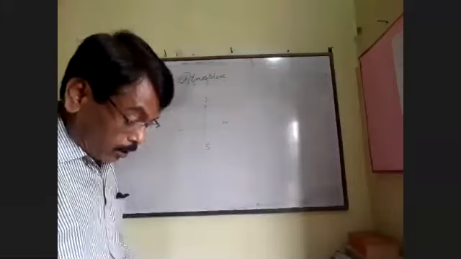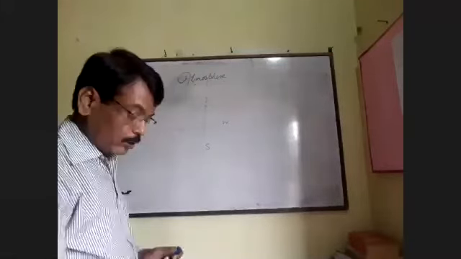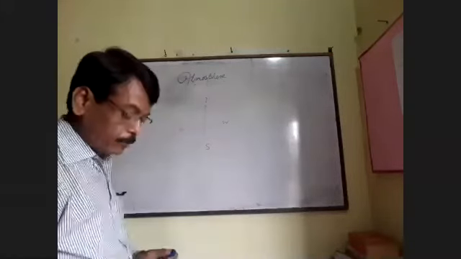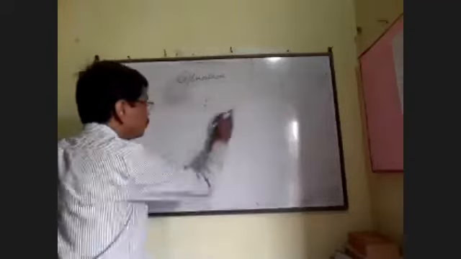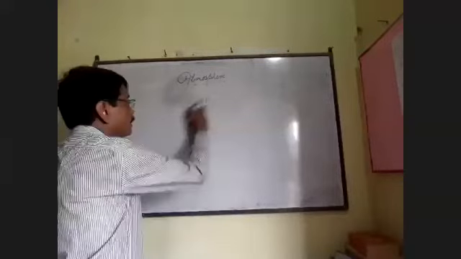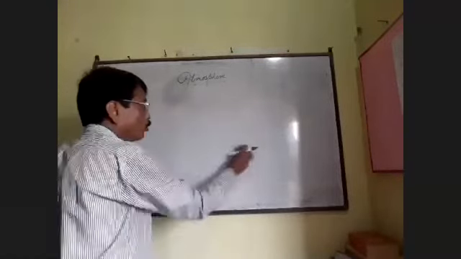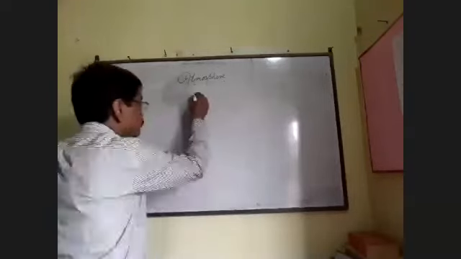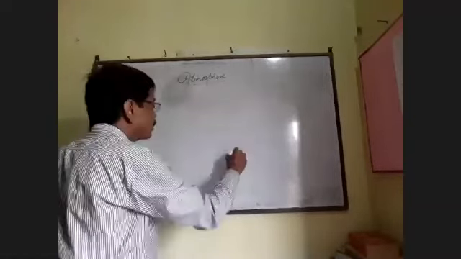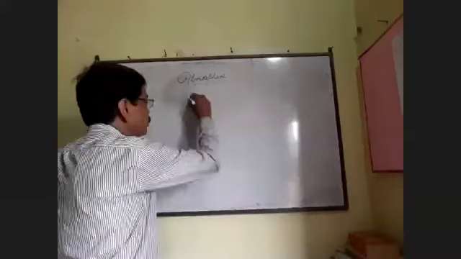Next, I will clear you about the different types of winds, but before that, you should know about the winds which blow from the high pressure area on the globe. This is your equatorial area.